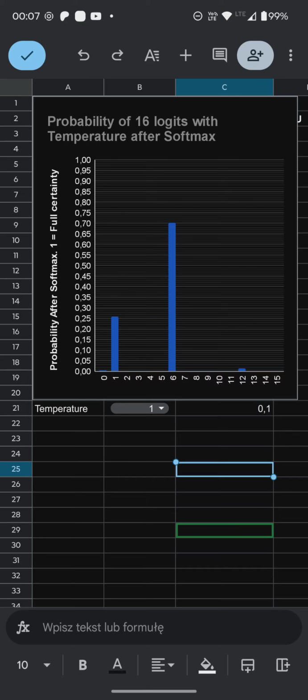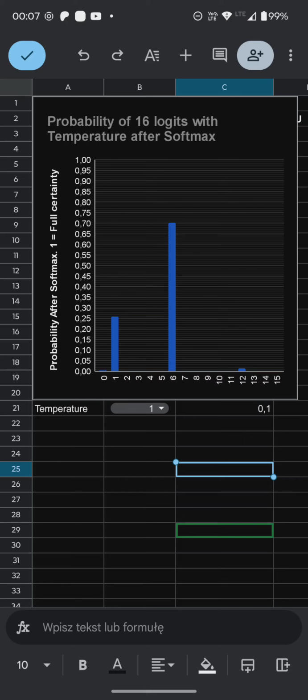So we can see that it's about 70% certain about one answer and about 25% certain about another answer, about 1% certain about a third answer, and the rest is basically noise.